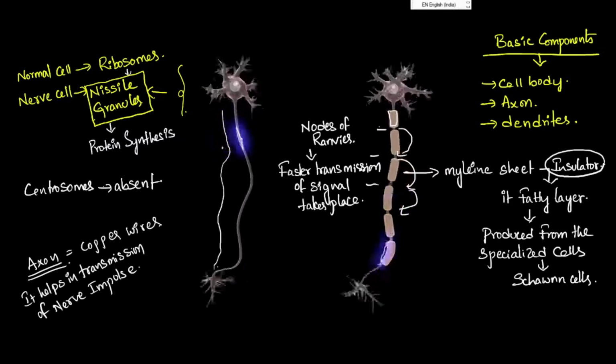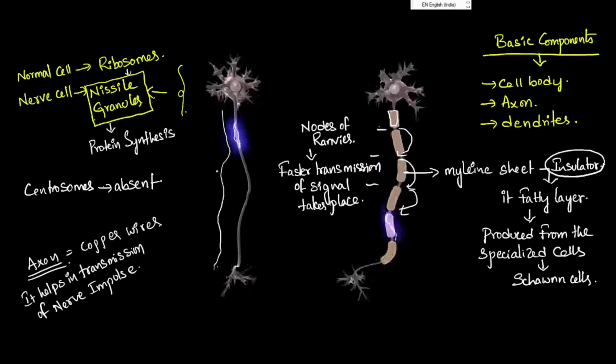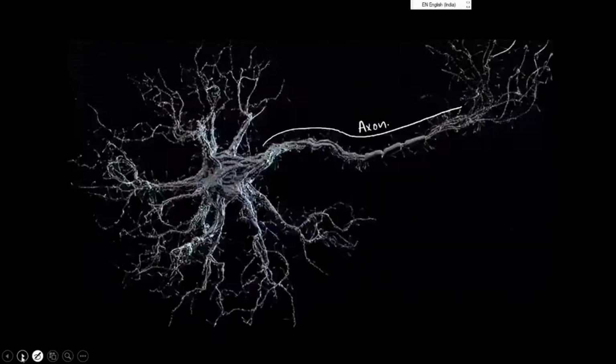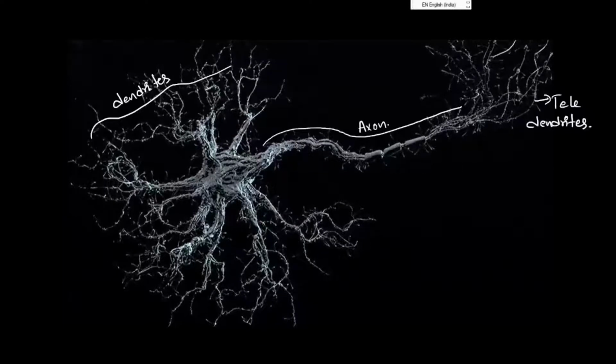This is one thing, students. Okay, now, nodes of Ranvier we call it. And another one is dendrites and teledendrites, students. Have you seen these root-like structures present here? All these root-like structures we call dendrites, and the roots present at the last part of the neuron we call teledendrites. What is the use of dendrites and teledendrites?